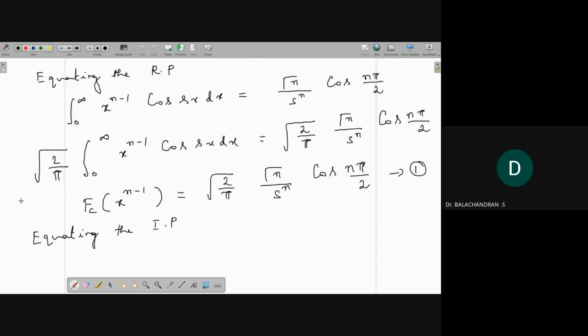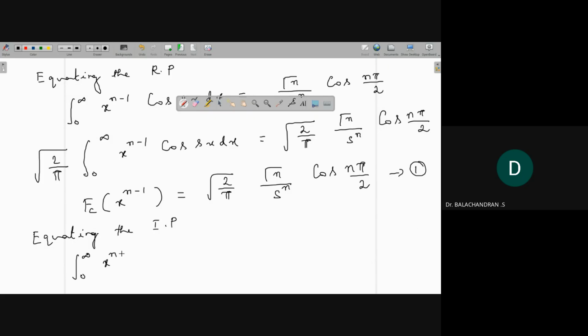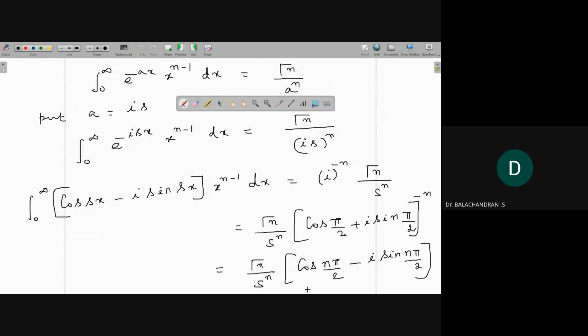Directly I will write integral 0 to infinity x power n minus 1 into sine sx dx, which is equal to gamma of n by s power n into sine n pi by 2.